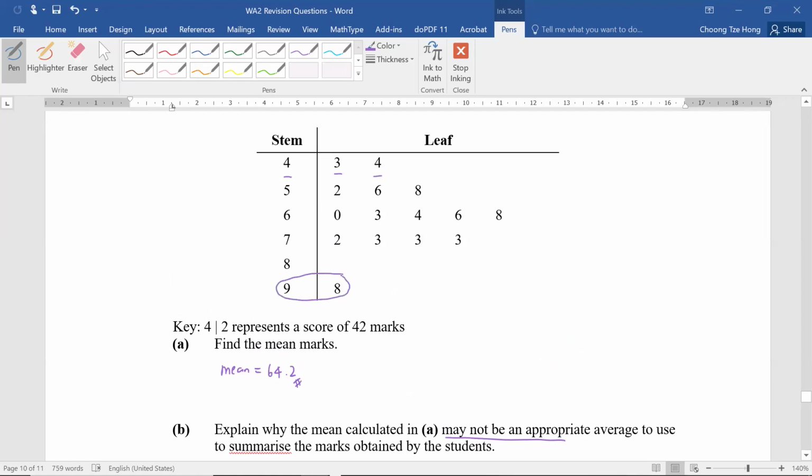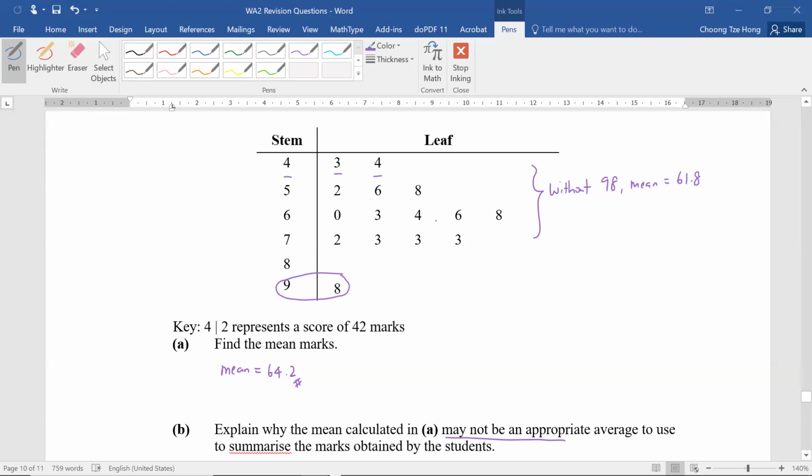If I were to calculate the mean again without the 98, you actually get 61.8. So with the 98 it is 64.2, without the 98 it is 61.8.